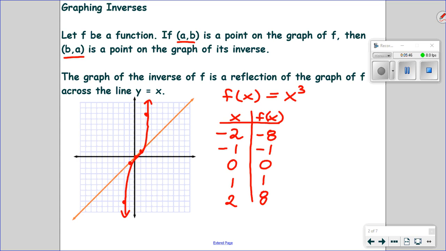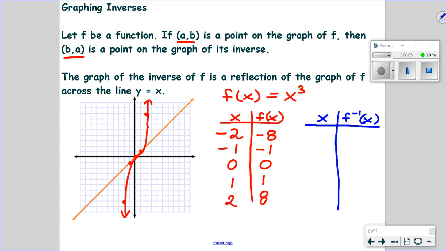So let's say I wanted to find or graph the inverse. All I have to do is take my table and switch the columns, switch the input and the output.